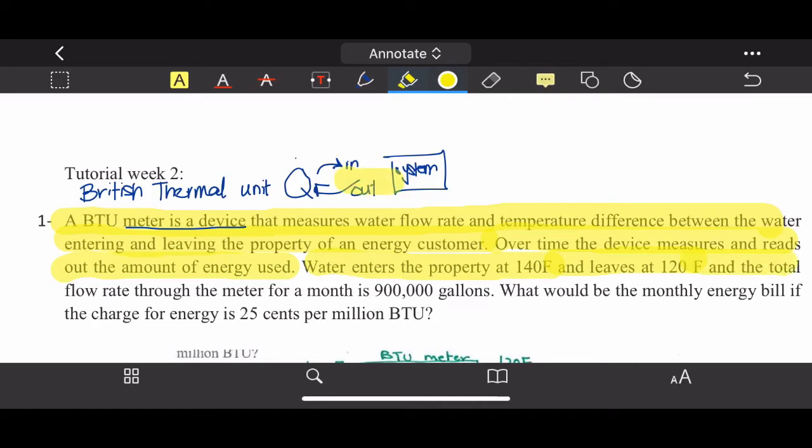And the total flow rate through the meter for a month, so here the keyword is month, is 900,000 gallons. Right? Not liters, but gallons. What would be the monthly energy bill if the charge by the nation is 25 cents per every 1 million British thermal unit?